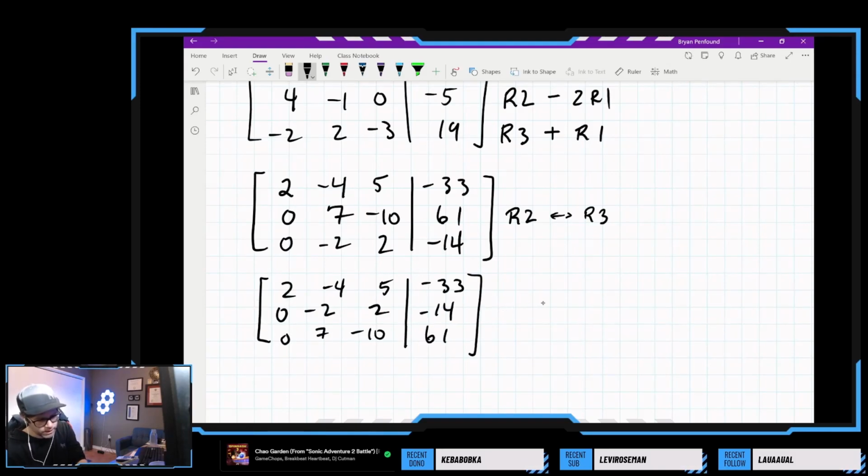And then I'm going to multiply row 2 by -1/2. I can multiply any row by a non-zero number, so effectively we can also divide by a non-zero number. So let's just divide by -2. Let's get our leading one. And then we should hopefully be able to start canceling out the numbers that are above and below the -2.